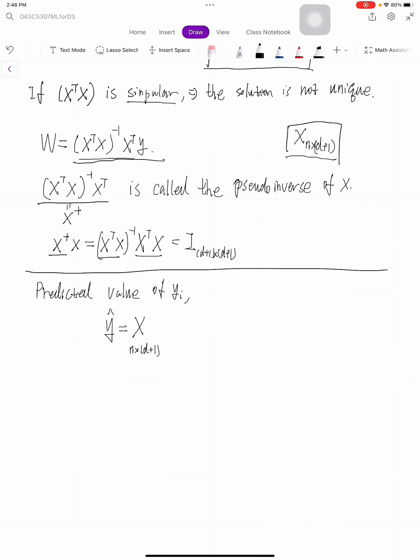So this will be X transpose X inverse X transpose times Y. If we denote this first part matrix by H, so this is HY.